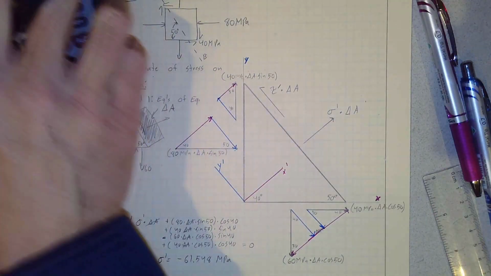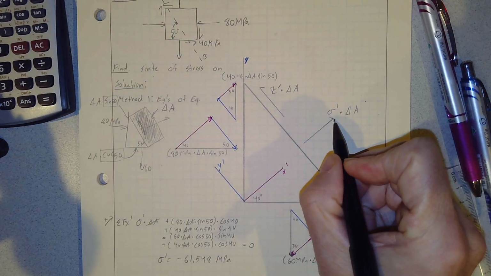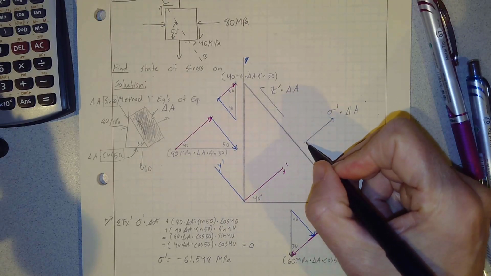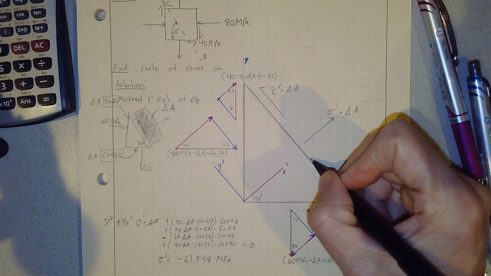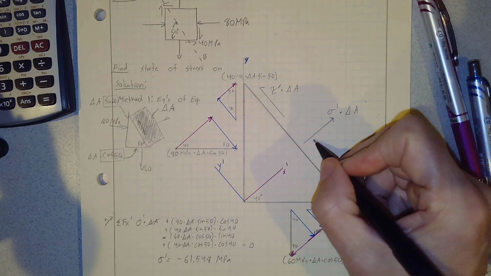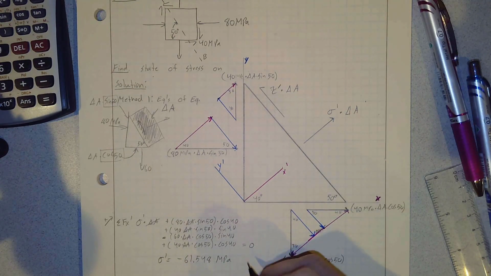So what's that negative sign tell me? That tells me that when I assumed that the unknown normal force was moving away from the plane that I cared about, I was wrong. So I showed it as a tensile normal force. It turns out it's a compressive normal force. So I'll just write in here sigma prime equals 61.548 megapascals compression.